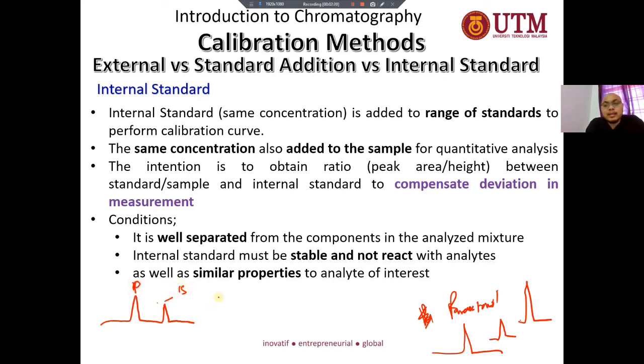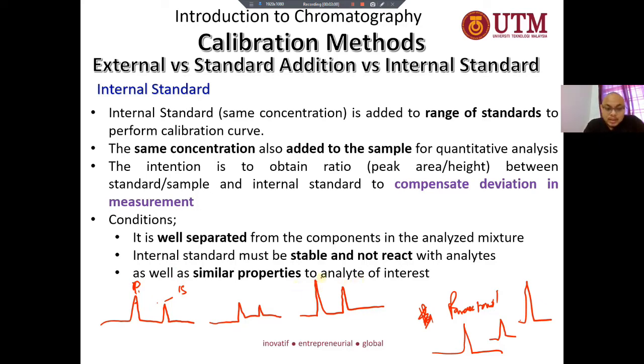So let's say the instrumentation fluctuates. When the paracetamol peak reduces, the internal standard will also reduce. If the peak of the paracetamol increases, so does the internal standard. So the ratio between the paracetamol, or the standard, and the internal standard should be the same, even if we have fluctuation of the instrumentation reading.